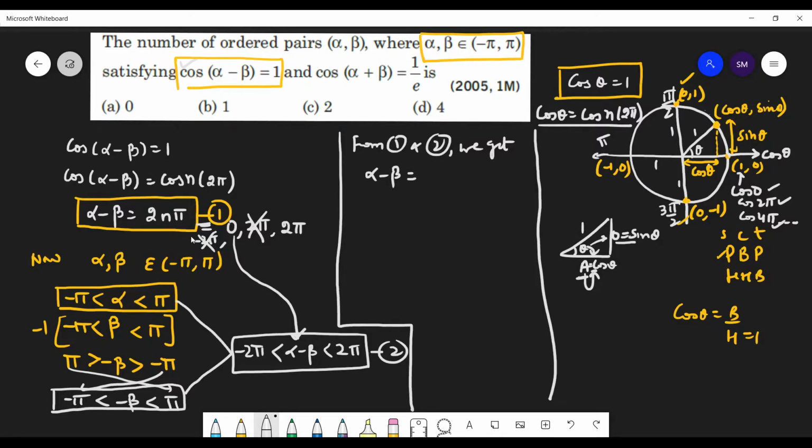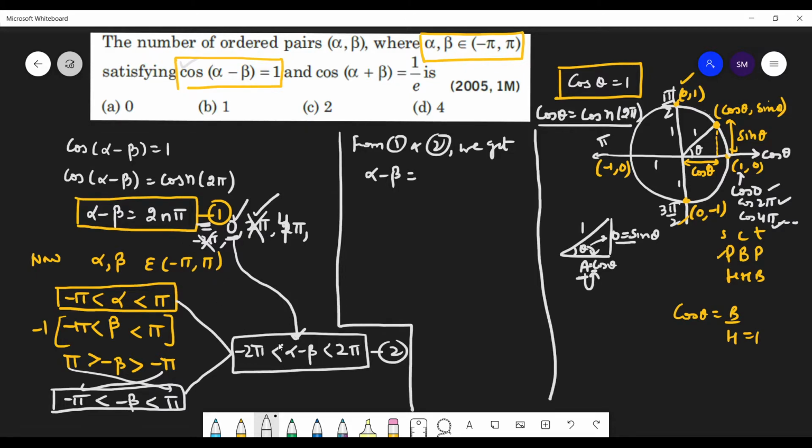Put n equal to 0, so we get 0. Put n equal to 1, we get 2 pi. Then n equal to 2, we get 4 pi. But which of these values satisfy this inequality? 0 is the only value which satisfies.